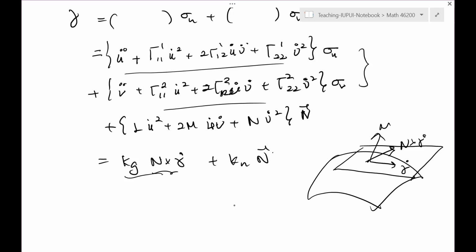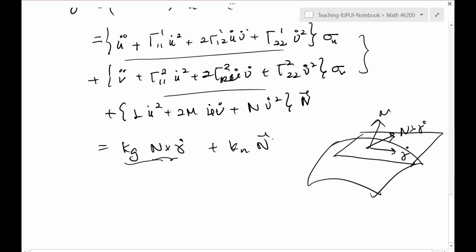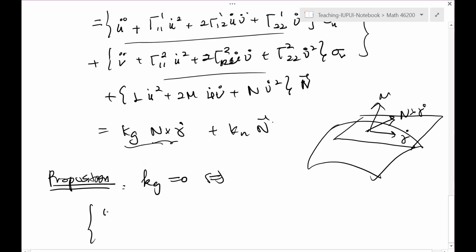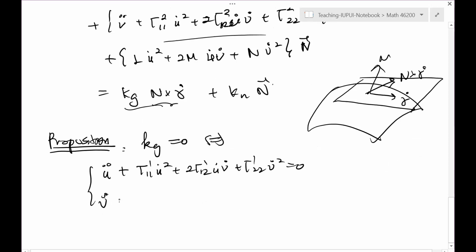Okay, it's a linear combination. So we conclude that we get the following proposition. Okay, kg equals 0 if and only if this tangent part is 0, right? If and only if you get u double dot plus gamma 1 1 u dot square plus 2 gamma 1 2 u dot v dot, and so on.